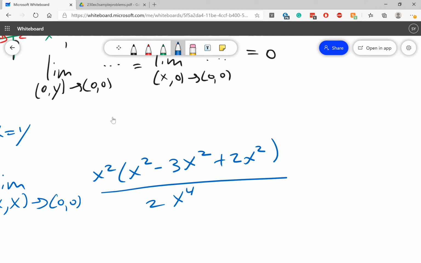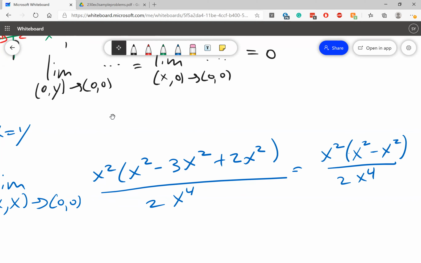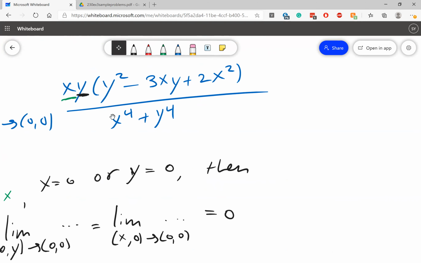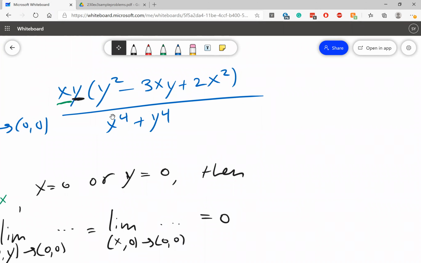So this would be x squared times x squared minus x squared over 2x to the fourth. And this should once again be equal to 0.